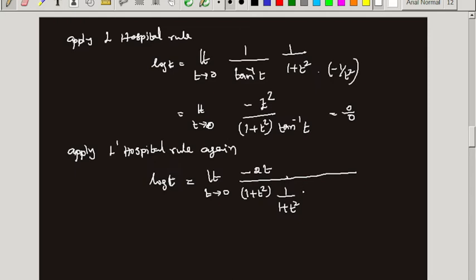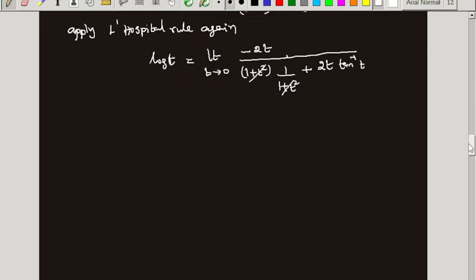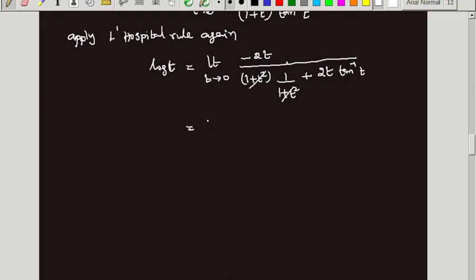So here the differentiation of the product: 1 plus t square derivative is 2t, into tan inverse of t. So here we can cancel 1 plus t square, 1 plus t square. We get limit t tends to 0 of minus 2t dividing by 1 plus 2t into tan inverse of t.